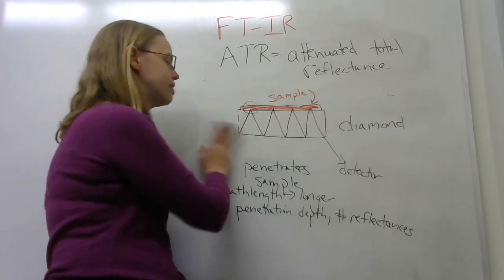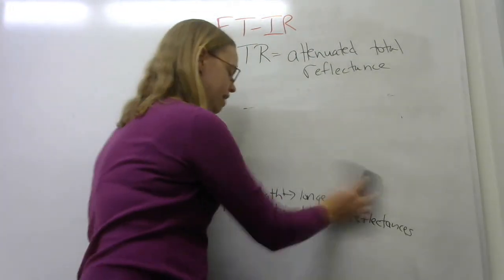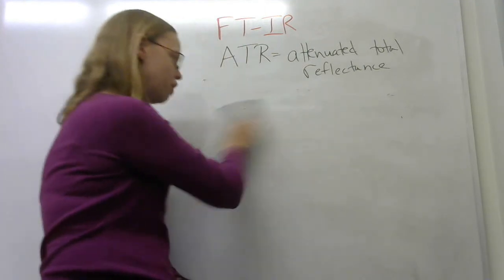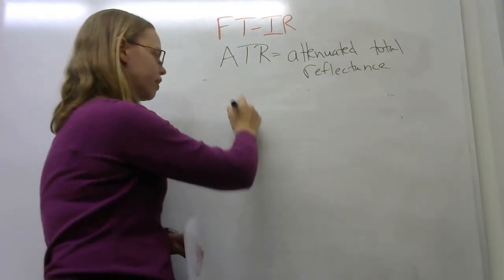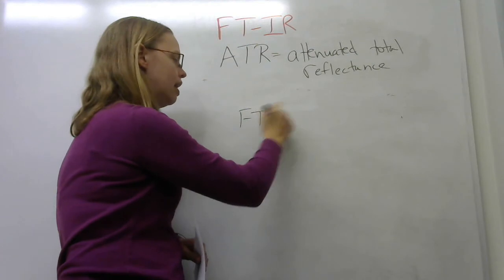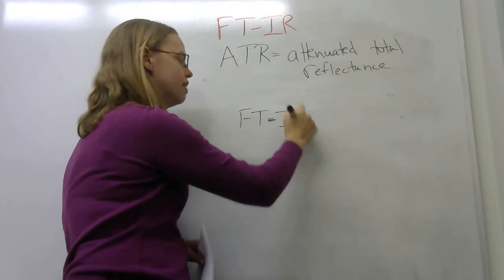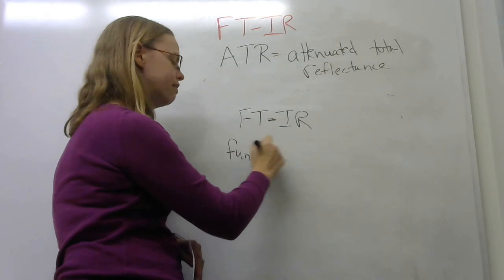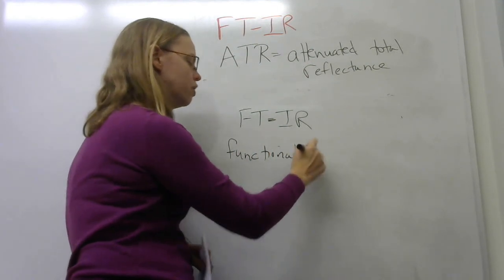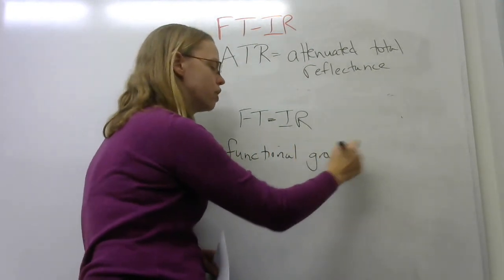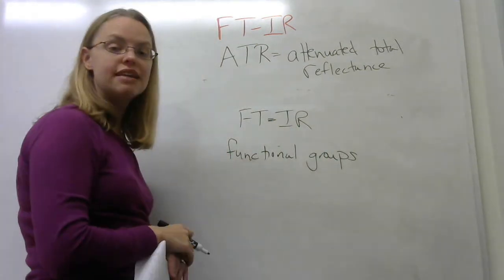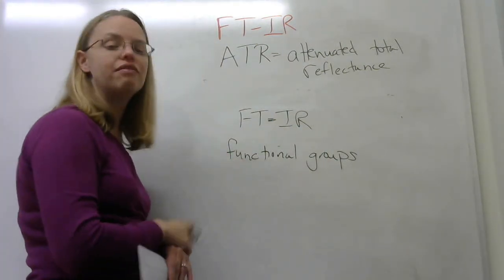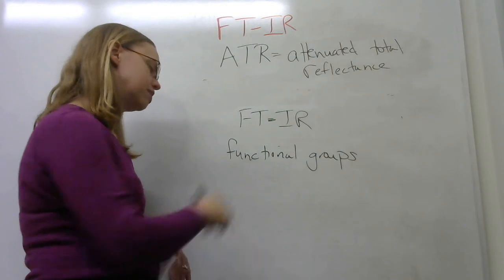And so the number one thing that FTIR is really known for is being able to identify functional groups. Different functional groups have absorbances at different wavelengths or wave numbers, and we're going to be able to do that.